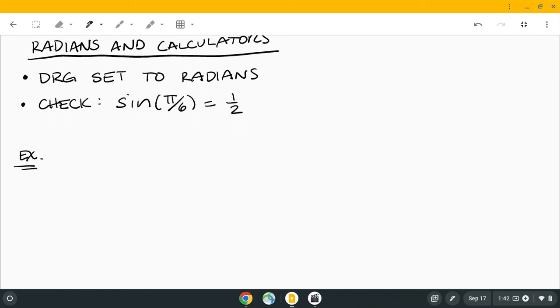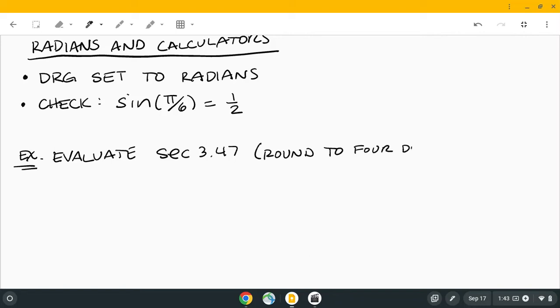Let's take a look. If you have to evaluate the secant of 3.47 and round to 4 decimal places, we don't have a secant button, but we do have a cosine button.